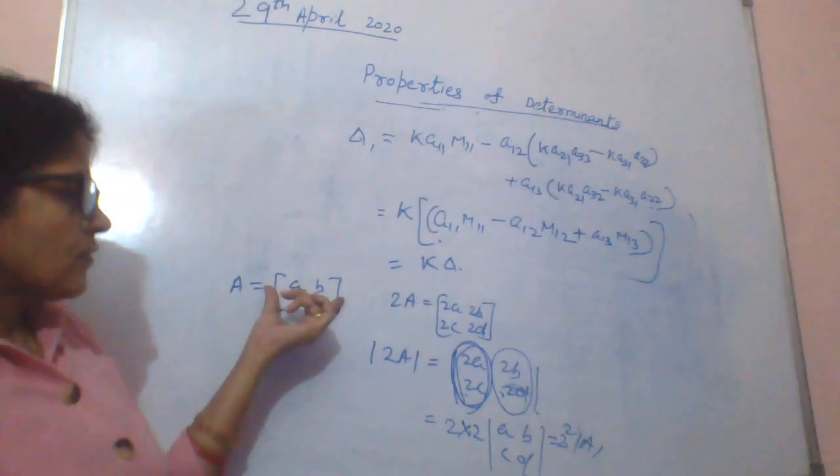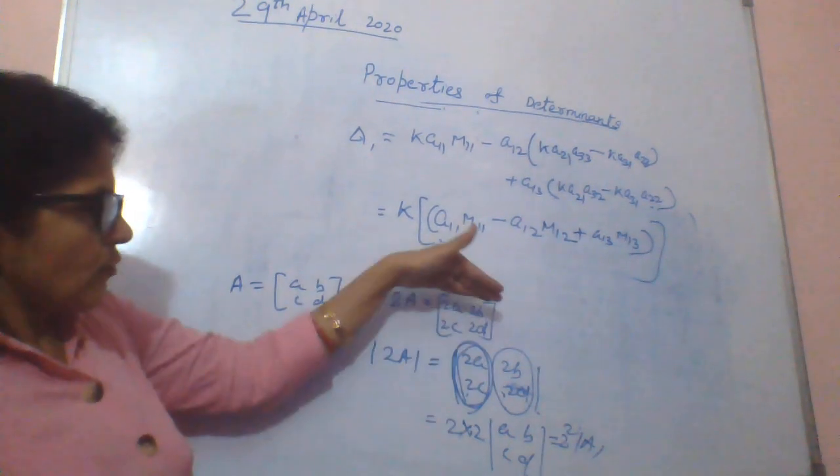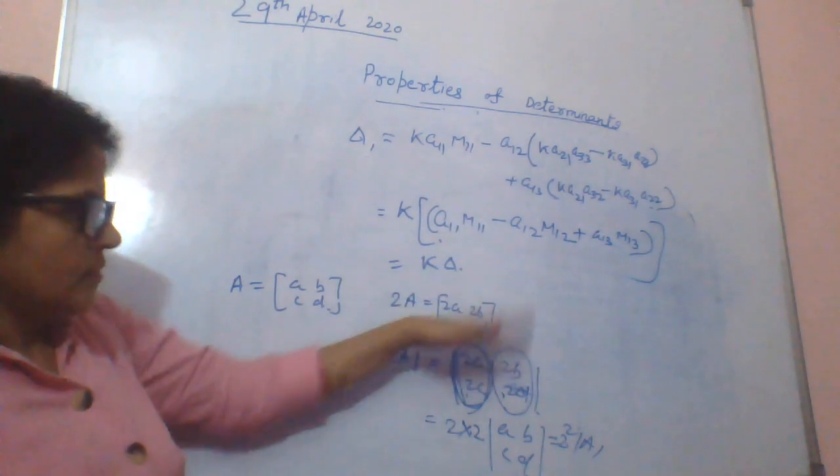In case of 3 by 3 matrix, we would have 3 rows and 3 columns.